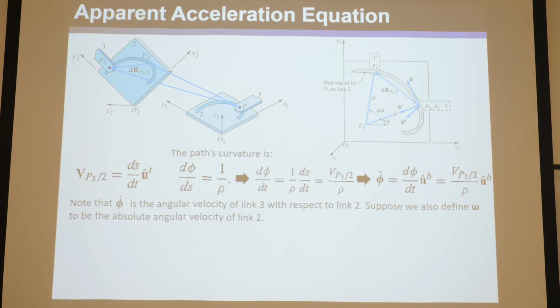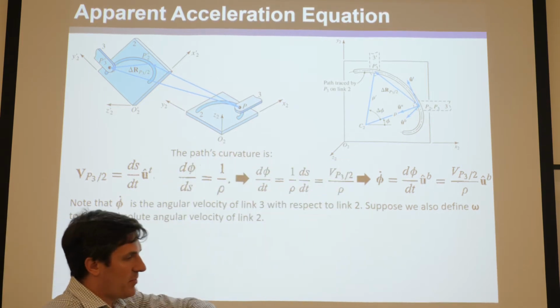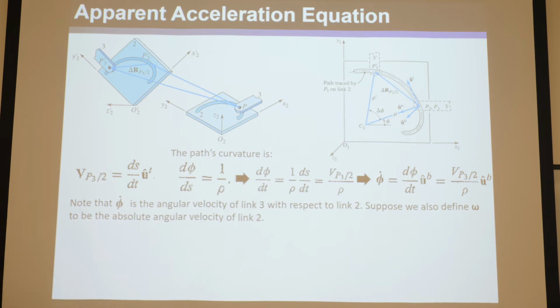And now we'll say, suppose we define omega bold, an angular velocity vector, to be the absolute angular velocity of link 2. Okay? So say link 2, this link, or this square here, is flipping through space, and with respect to the ground, its angular velocity is omega. That's the absolute angular velocity of link 2.